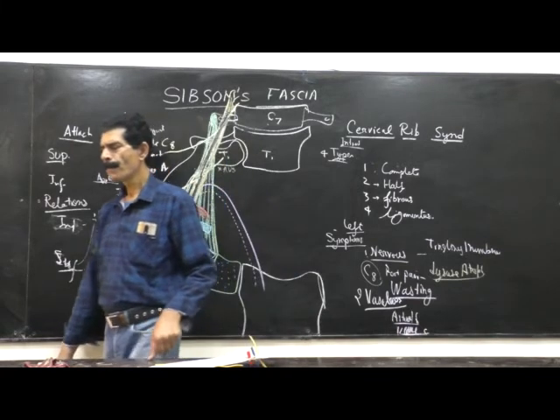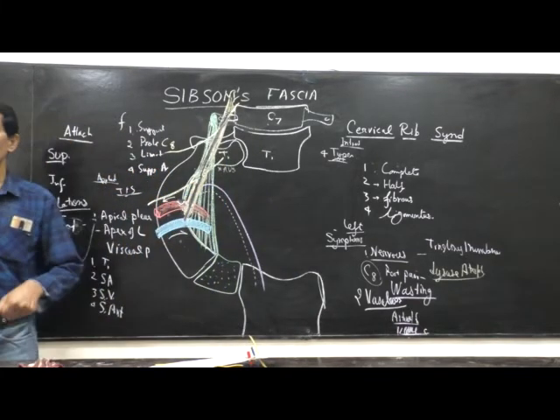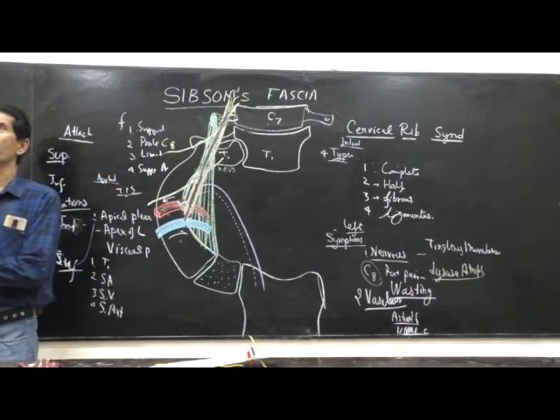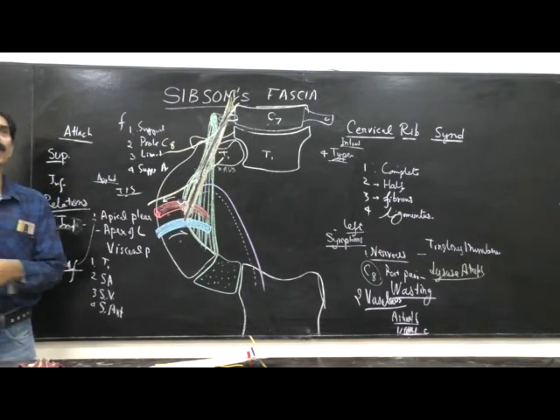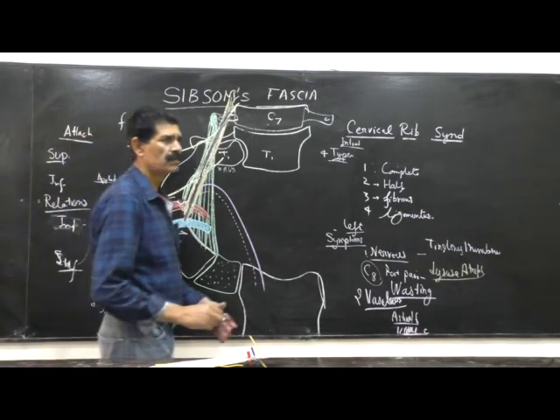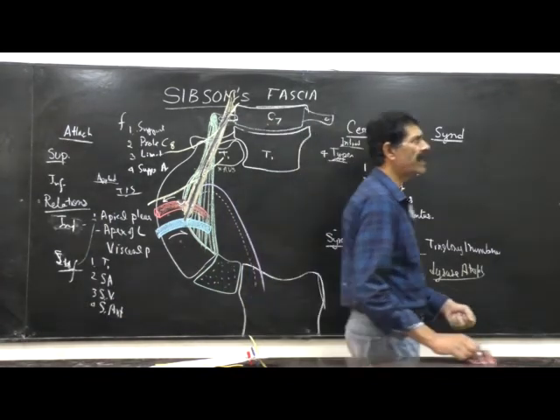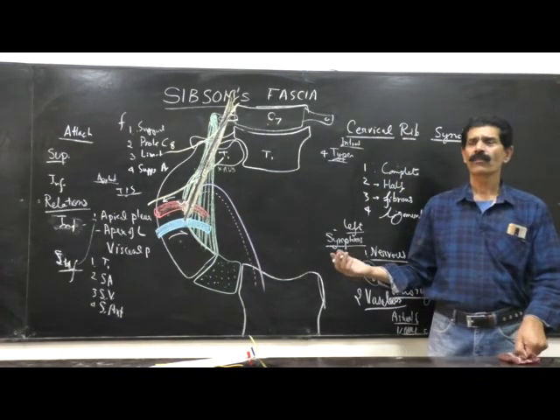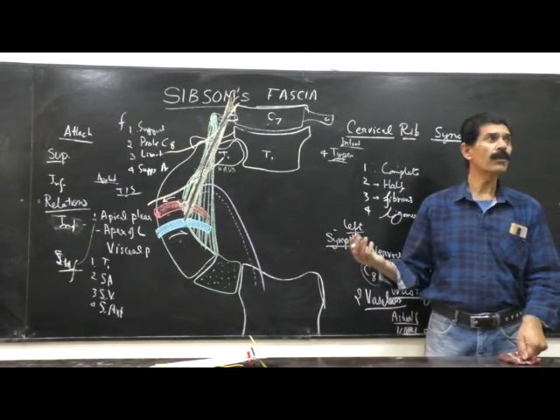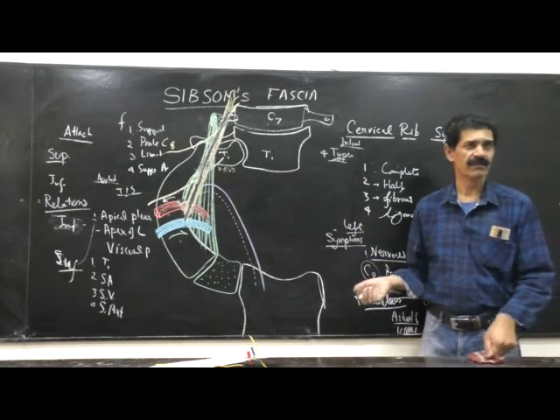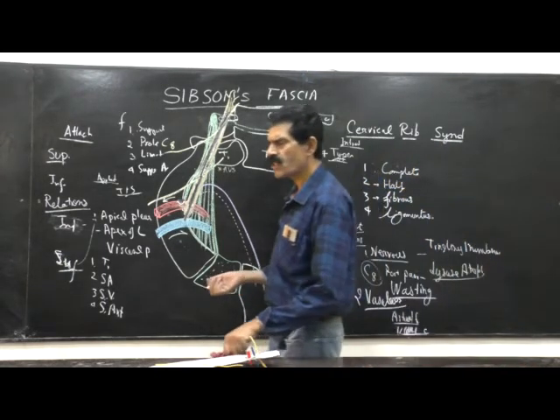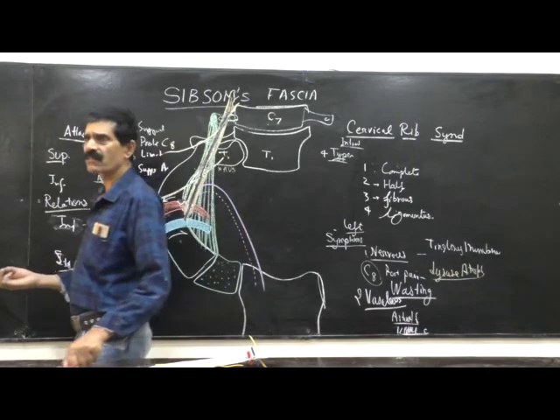Secondly, this venous blood which is collected in the upper limb is carrying CO2, carbon dioxide. The CO2 will lead to the blue color of the fingertips, bluish discoloration of the tip of the fingers.